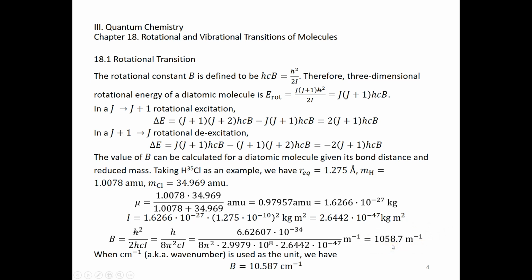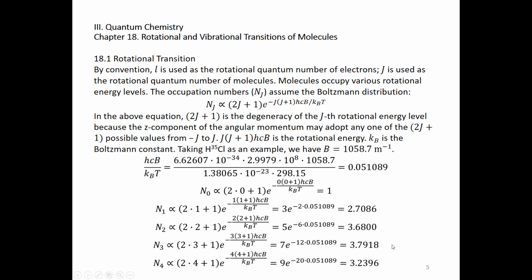By convention, L is used as the rotational quantum number of electrons. J is used as the rotational quantum number of molecules. Molecules occupy various rotational energy levels at room temperature.